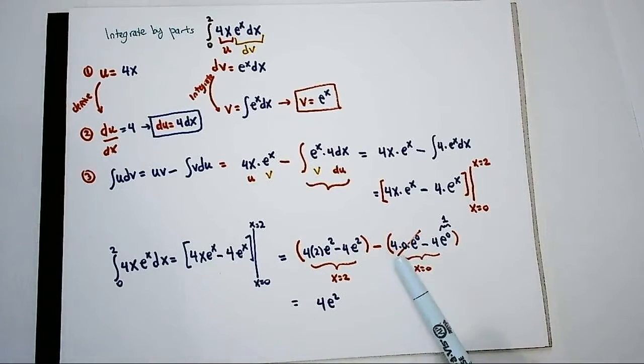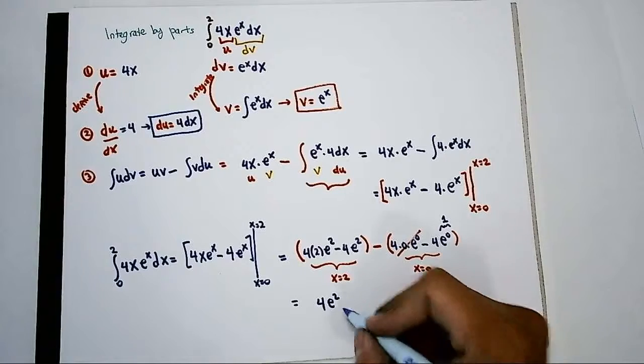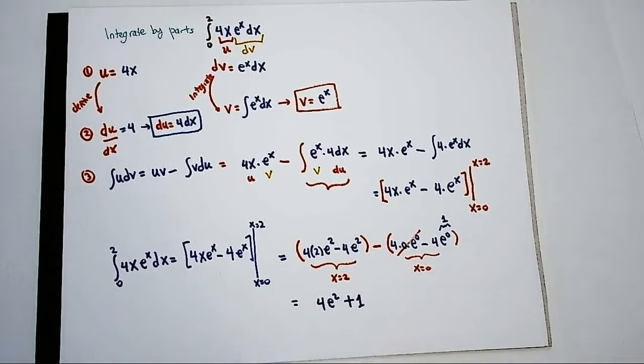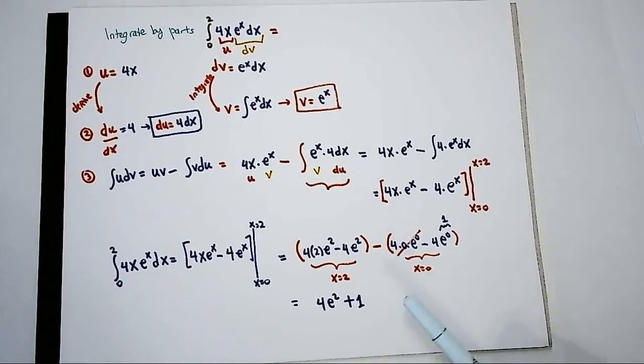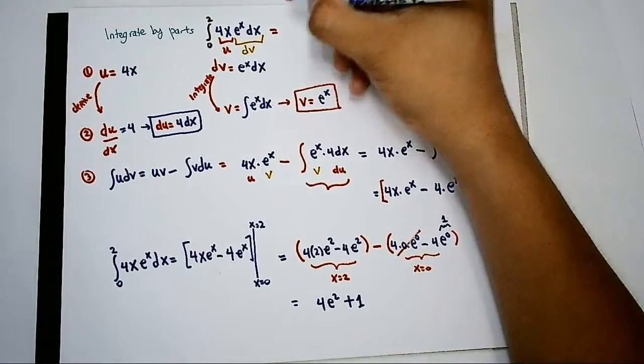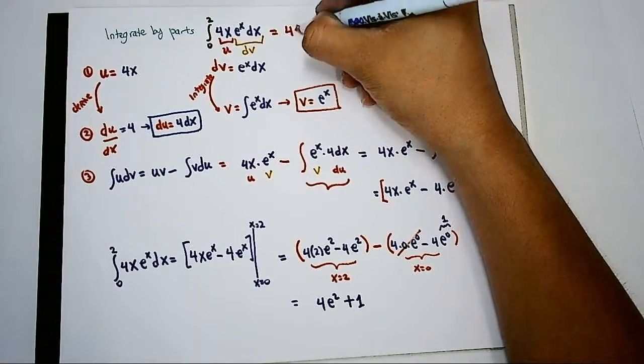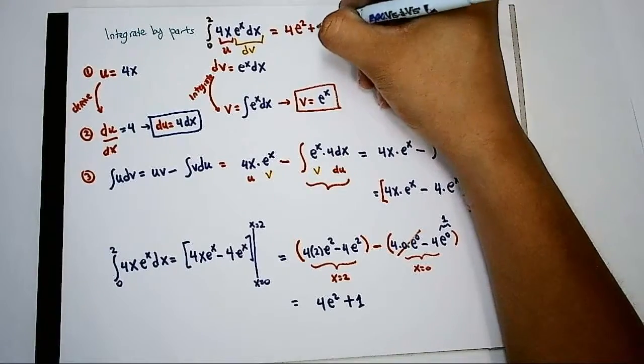And minus times minus is plus. Therefore, this integral has a solution 4e squared plus 1.